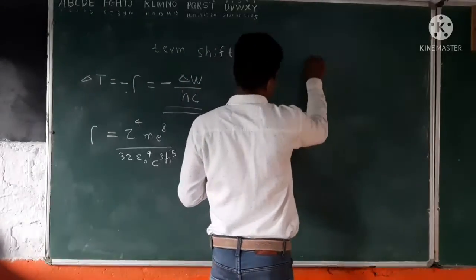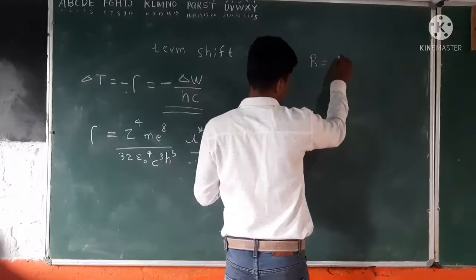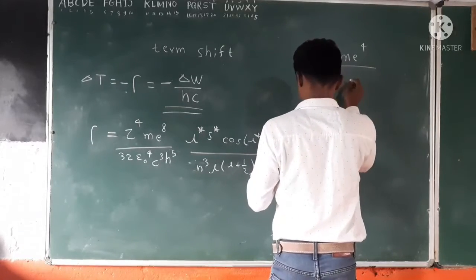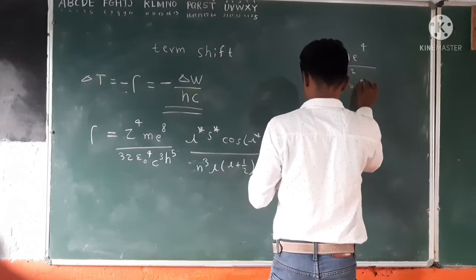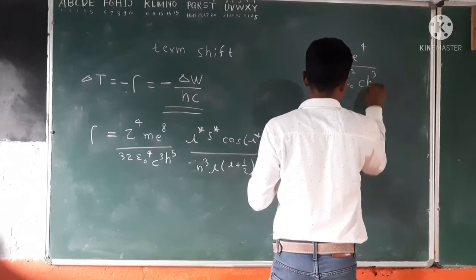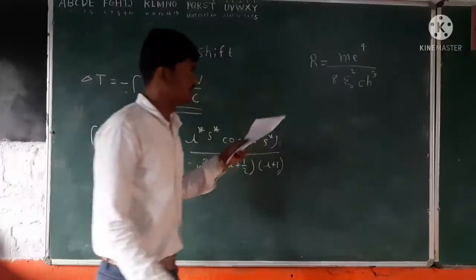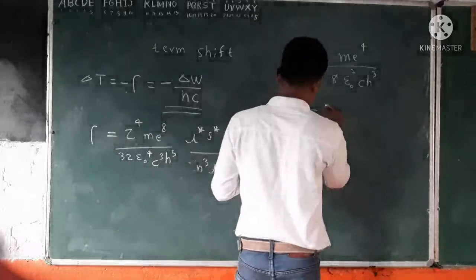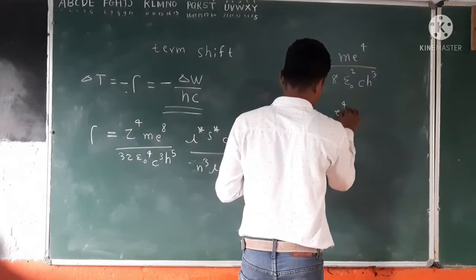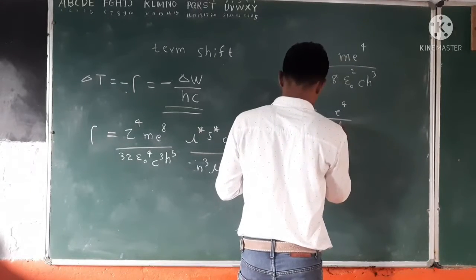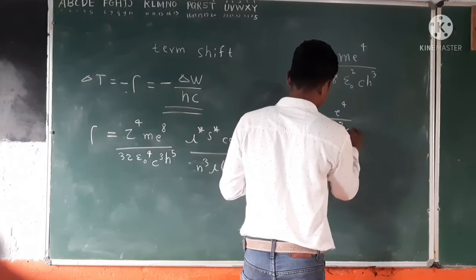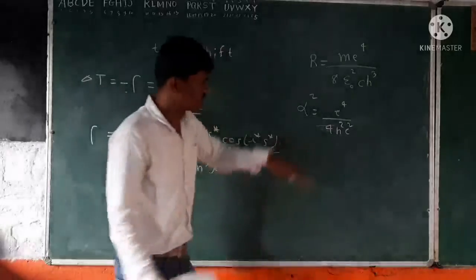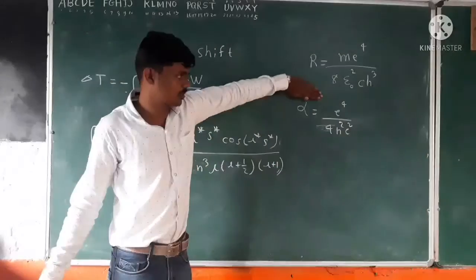So we are considering R, that is the Rydberg constant, R = m e^4 / (8 epsilon naught squared c h cubed). This is the Rydberg constant, and alpha squared, let's say e^4, this one is the fine structure constant.